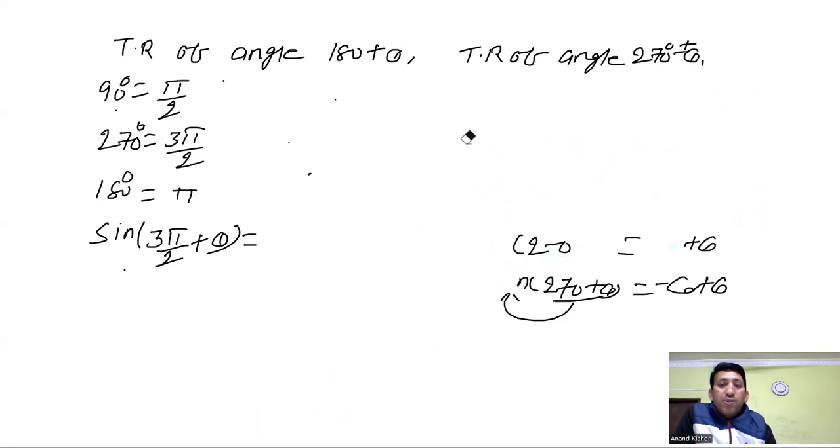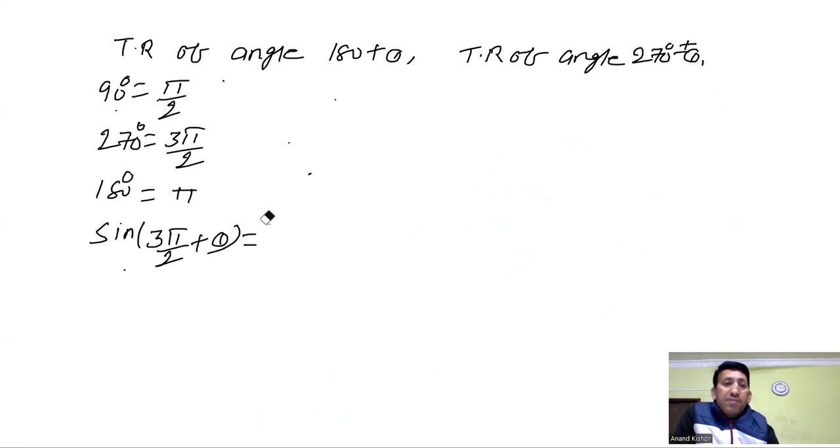So the ratio will change only at pi by 2 and 3 pi by 2, 90 and 270. Here also it is the same. So sine 3 pi by 2, this is 270, so the ratio changes, cos theta.